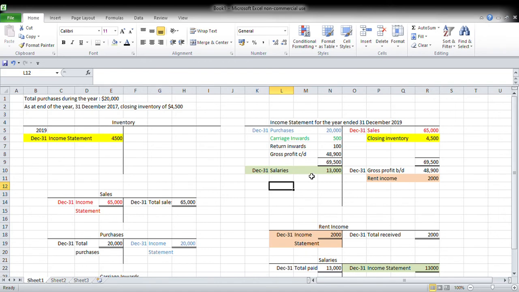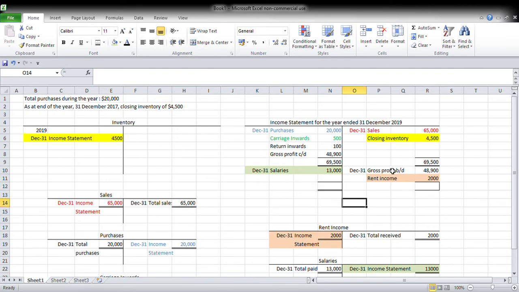So all my expenses will be listed on this side, gross profit plus income on this side. Now when you look at this income statement, you can already see whether I made a loss for the year or profit for the year, because you can see which side is more.